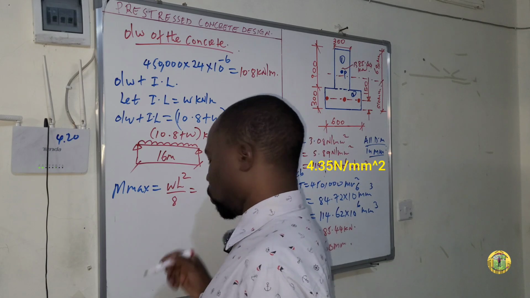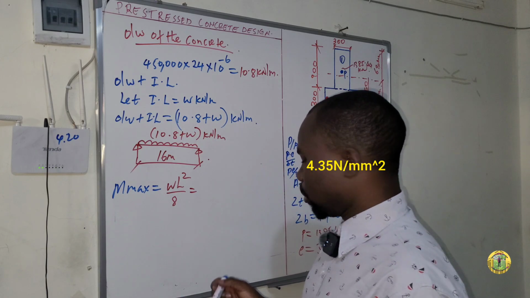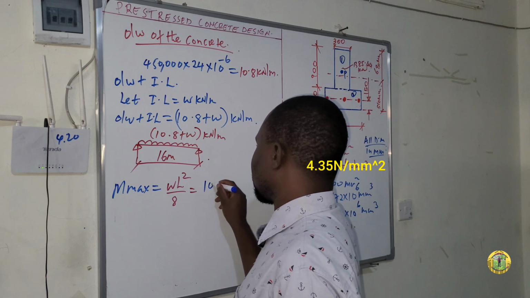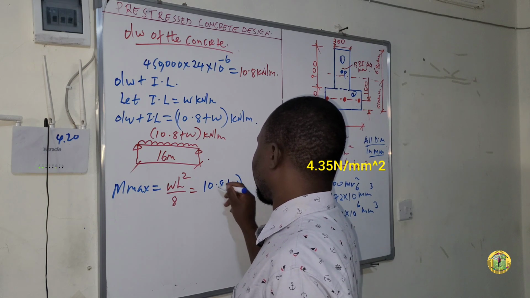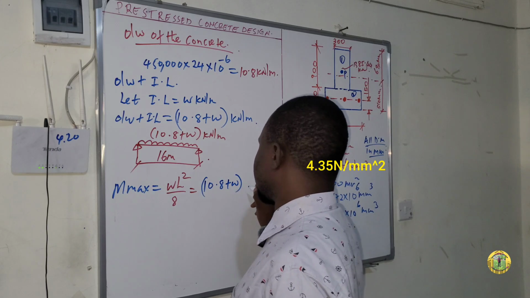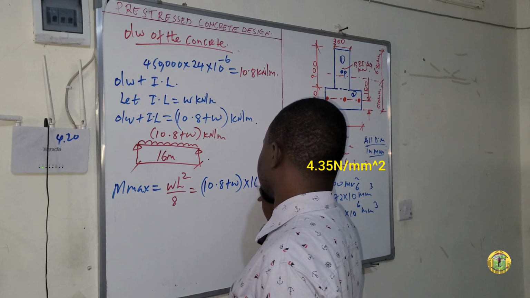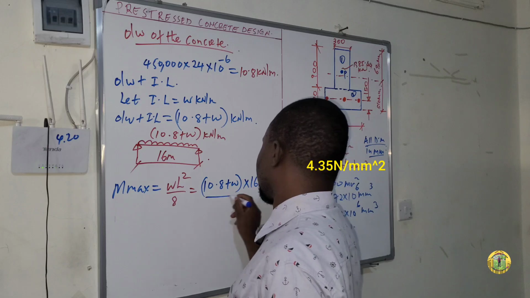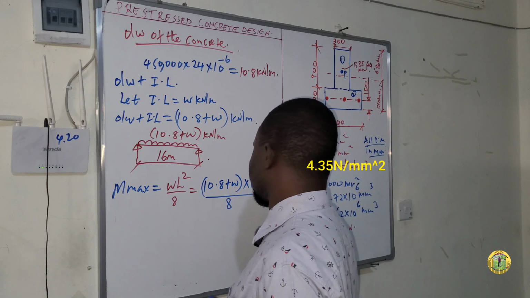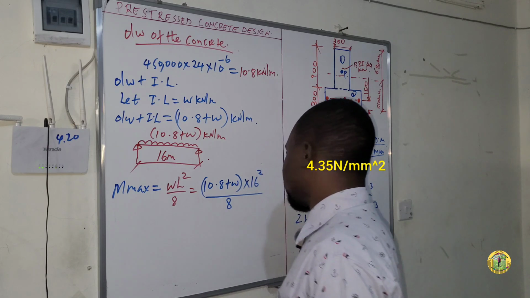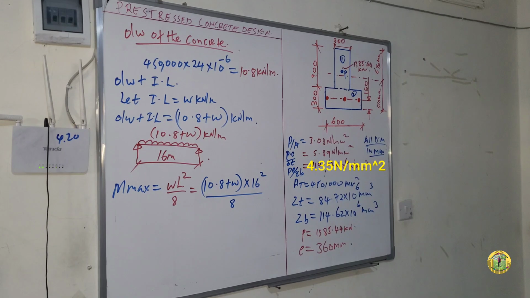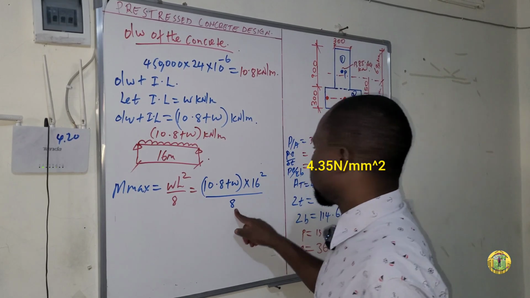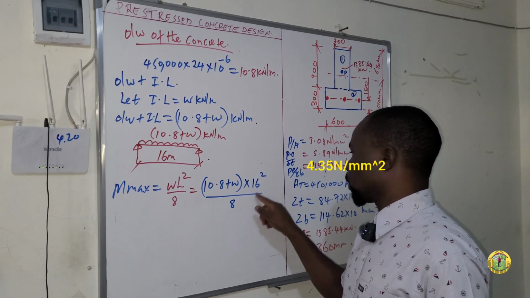So this one is equal to, our W is 10.8 plus W, and then times L, which is 16 square, all over 8. So don't make a mistake of cancelling these two values, 8 and 16 square.